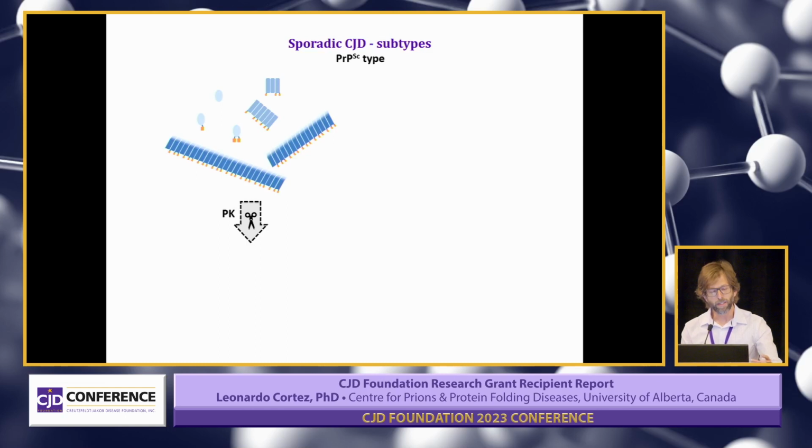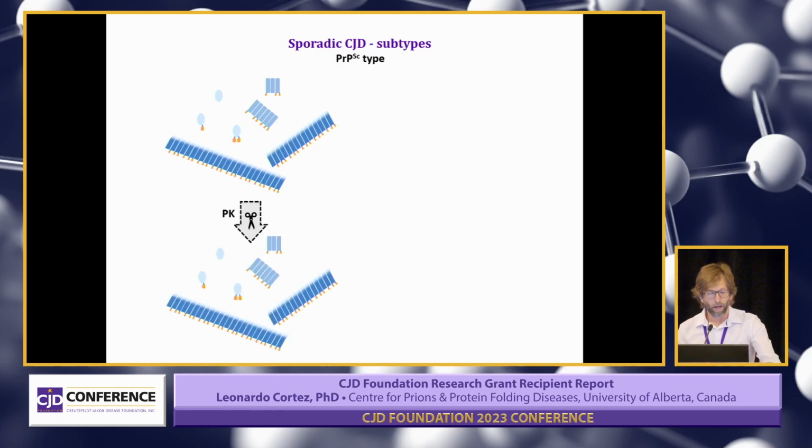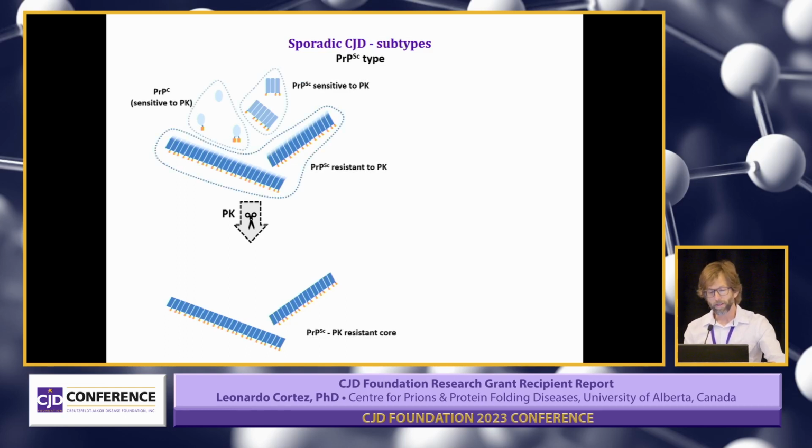One of the most common proteinases that we use in the lab is proteinase K, or PK. We will degrade the prions that are less compact, and we will have at the end of this process only the most resistant prions.